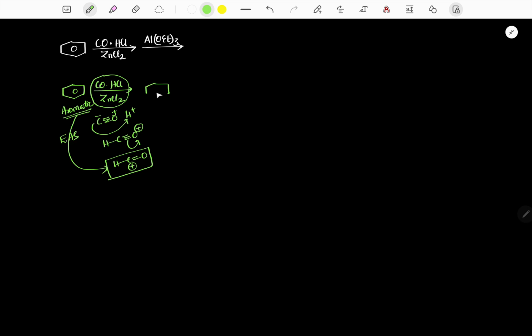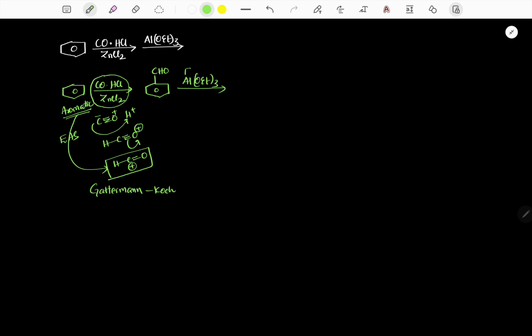So simply what we have to do is write our electrophile on the benzene. So it is our electrophile, and this reaction is known as the Gattermann-Koch reaction. Now it is treated with aluminum ethoxide.